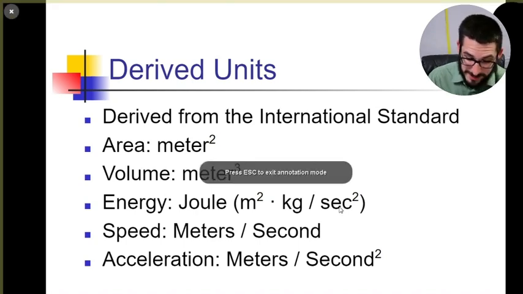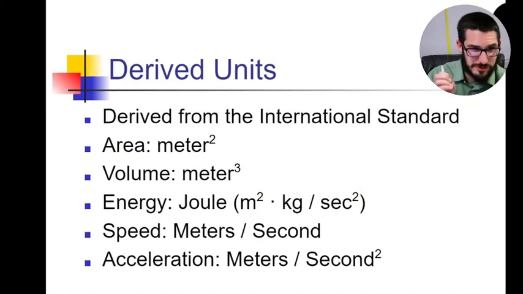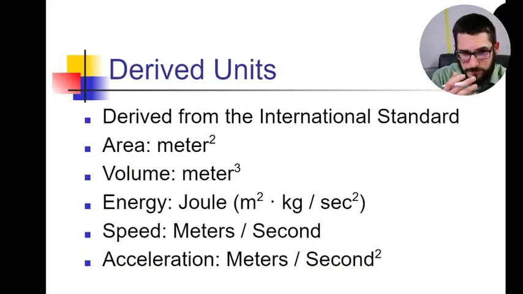We don't have to deal with that a whole lot, but technically that is meters squared times kilograms divided by seconds squared. Again, you don't need to know that. A little later in the class, you'll get familiar with joule, but you won't need to know what it is. Speed is meters per second, or miles per hour is the one that we typically are familiar with, and then acceleration is meters per second squared. So those are derived units because we did some operation on them.